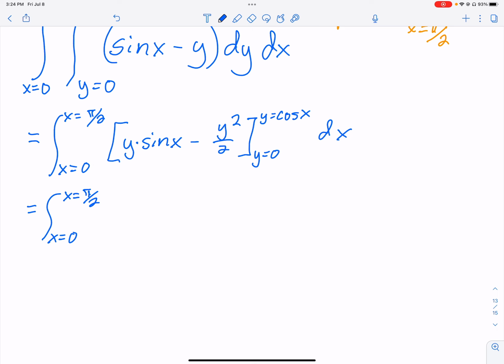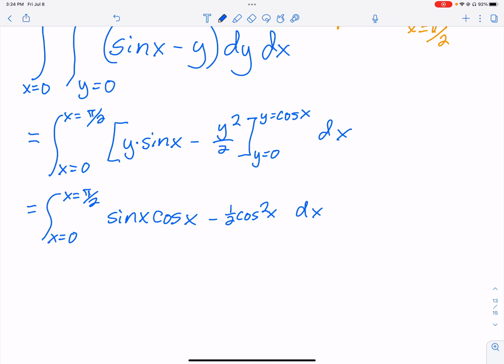All right, now plugging y in. Okay, we get sine x cosine x minus 1/2 cosine squared x. And then plugging 0 in is going to give us zeros. That one's okay. This works out, just to save some video time.